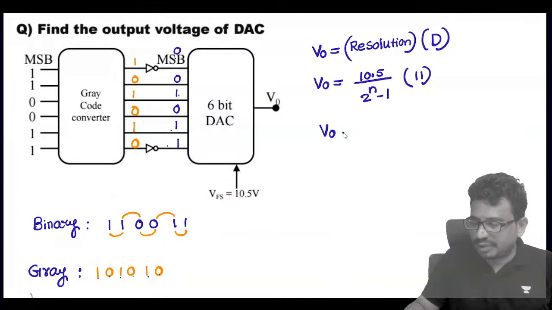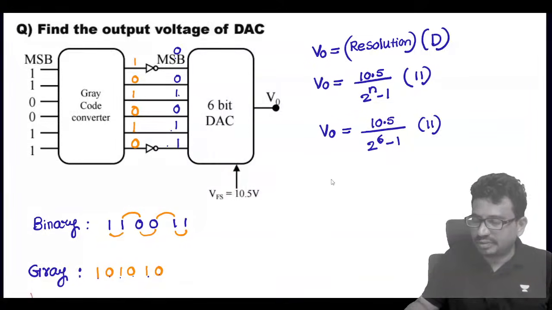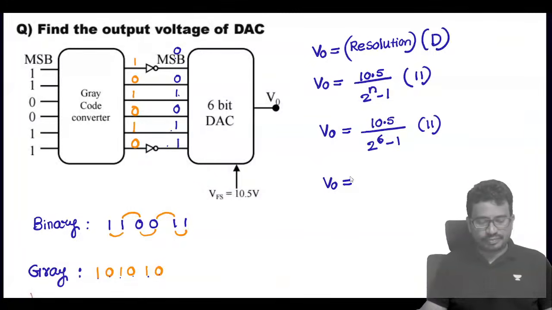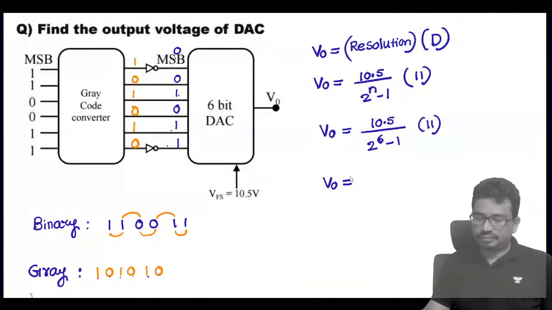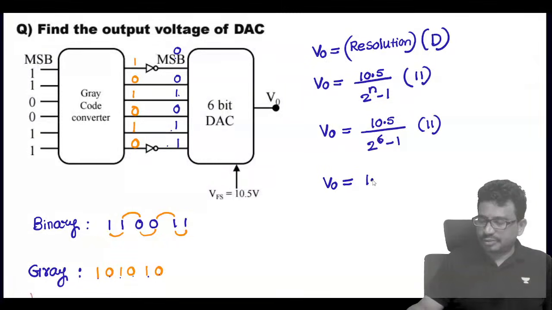So V0 is 10.5 by 2 power 6 minus 1, into 11. Simplify and get this value. How much will come? That is 1.83. Check this value.